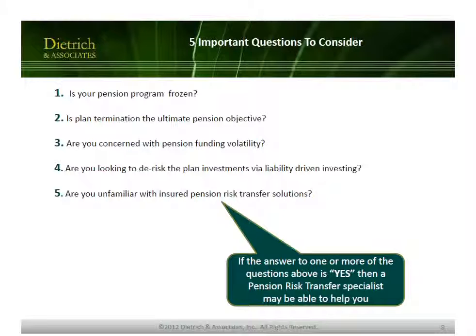And I don't know if there's an easy answer to that. I think it depends on the size of the plan. For a really small plan, it's probably not going to make sense to do a bunch of different buyouts.